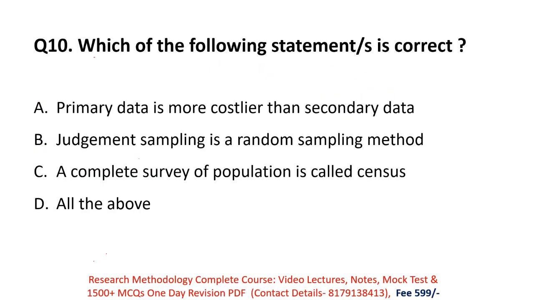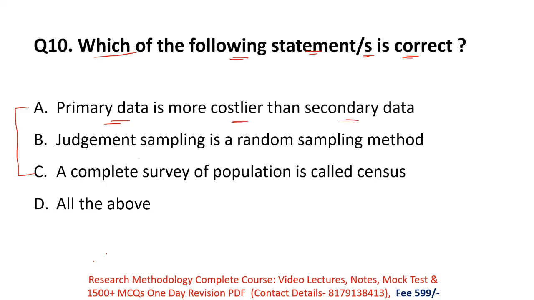Next. Which of the following statement or statements is correct? Okay, so in this question, from these four options we have to select the one option which is correct. We'll see all the options one by one. Here the first option is primary data is costlier than secondary data.